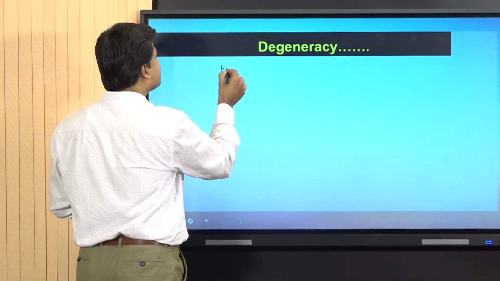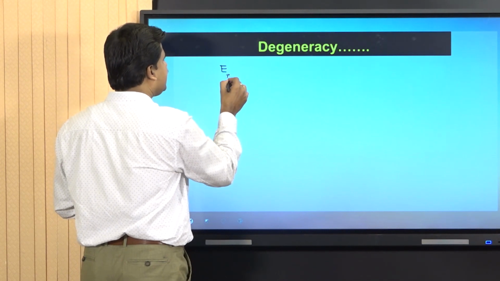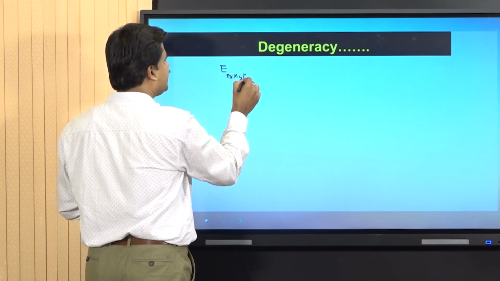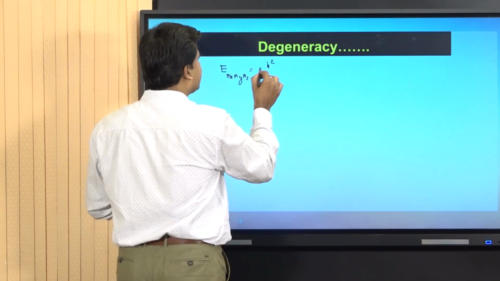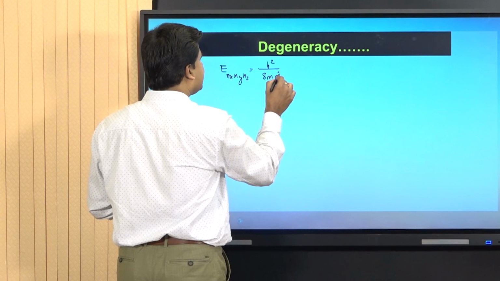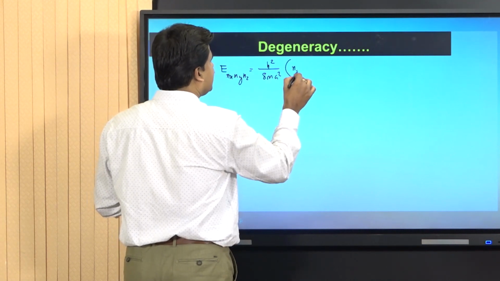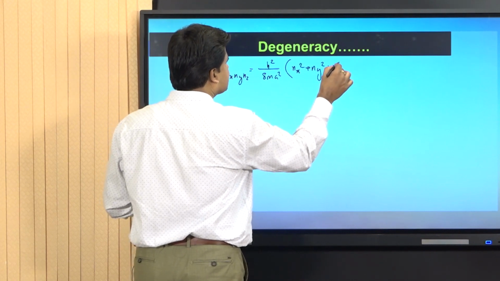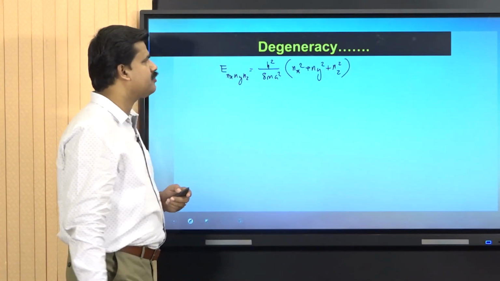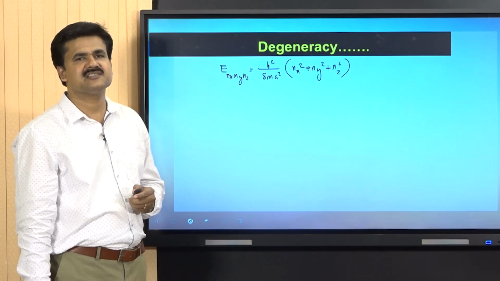That is, energy E(nx, ny, nz) is given by h square divided by 8m a square multiplied with nx square plus ny square plus nz square.